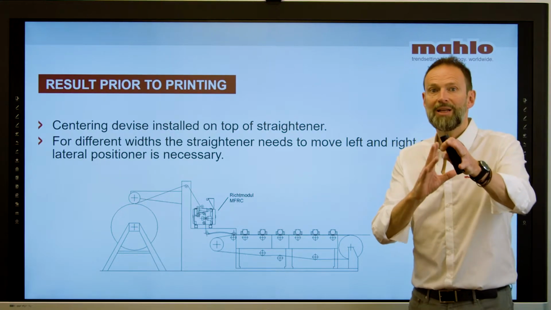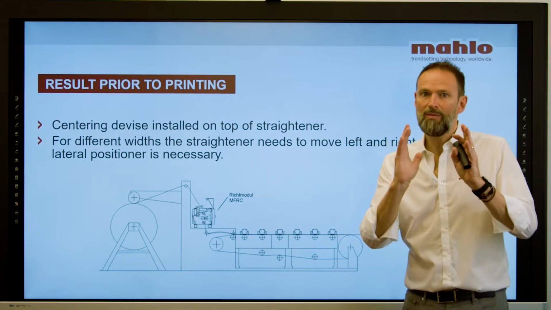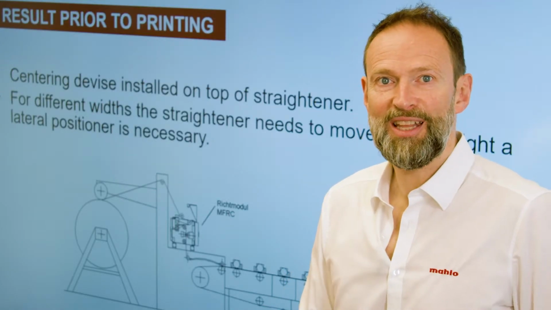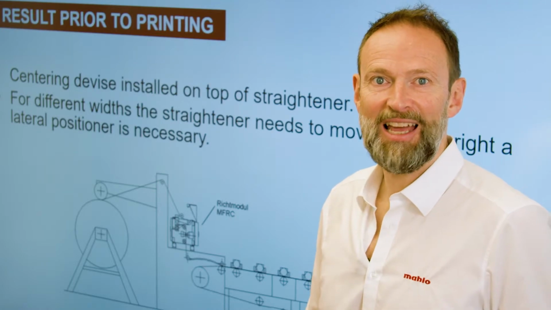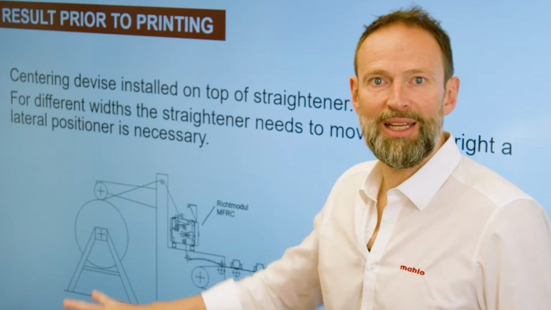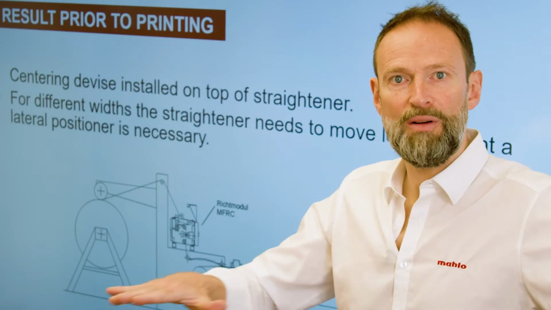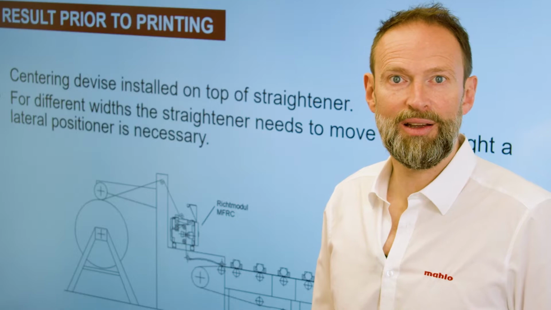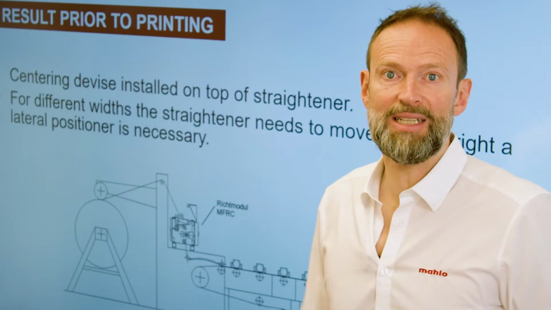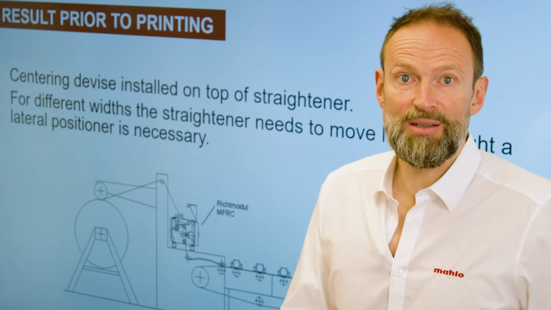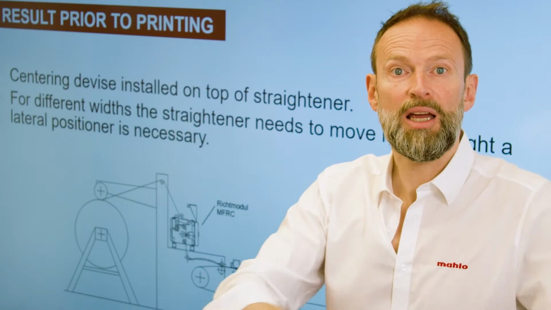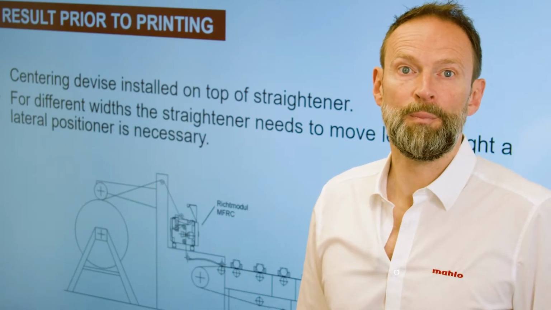We really talk about centimeters here, only a very, very small way, and there's no way that any distortion might happen during that distance. So once we have straightened the fabric at the weft straightener, it will be delivered exactly like that to the printing table, and in this position, 100% straight, you can print on it and nothing will happen.